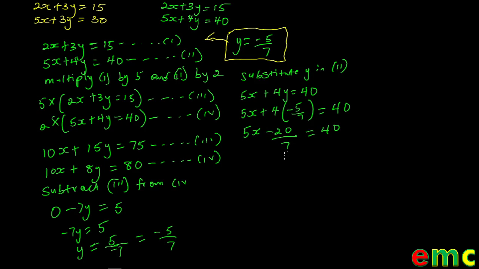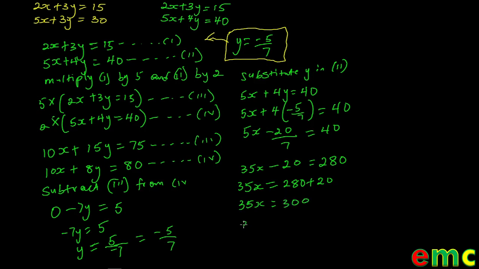To eliminate this denominator, let's multiply through by 7. 5 times 7 gives us 35x, minus 7 times 20 over 7, which cancels out the 7, leaving 20. 7 times 40 gives us 280. Collecting like terms, we have 35x equal to 280 plus 20. So 35x gives us 300.